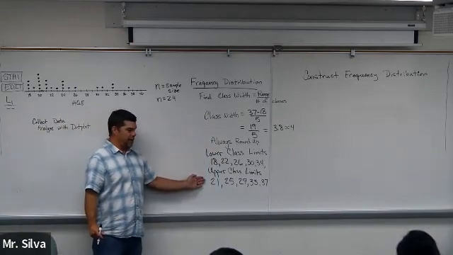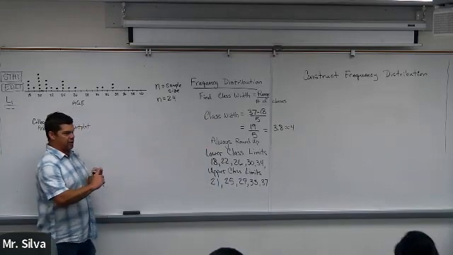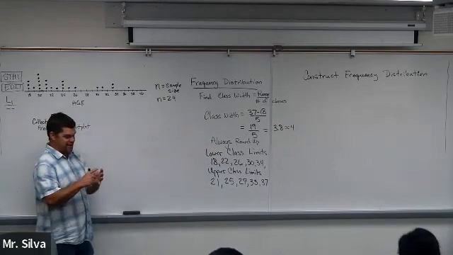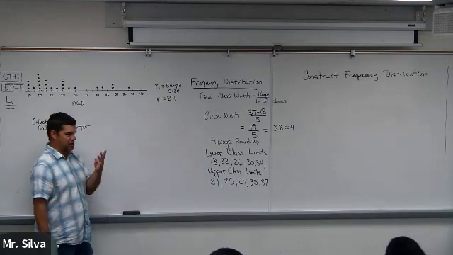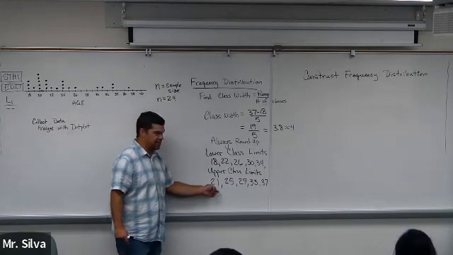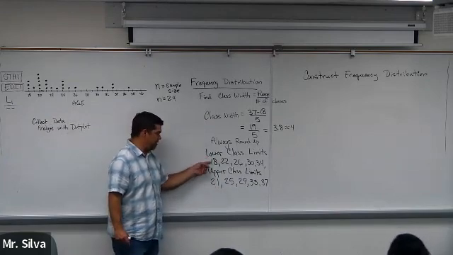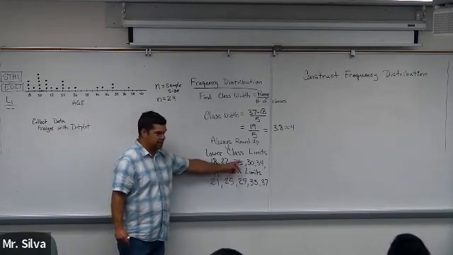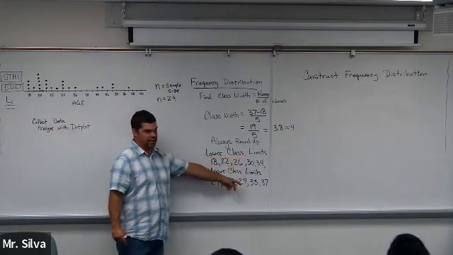But 18 to 21 includes 4 years, because we've got to include 18. I always do this on my fingers. Okay, 18, 19, 20, 21, there's 4 years within there. So that's why we start with 21 as the upper class limit. So my intervals are going to be 18 to 21, 22 to 25, 26 to 29, 30 to 33.